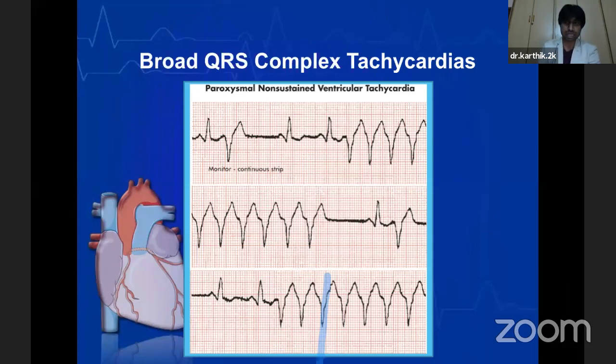If it's a single beat, it is not of much concern. But when we have a series of beats like that happening in a very fast succession, it can cause some amount of hemodynamic compromise, and it can even result in high mortality of these patients. So this is nothing but a series of such abnormal beats originating from the ventricles of the heart and beating so fast that the ventricles are unable to fill adequately and pump the blood to the body.